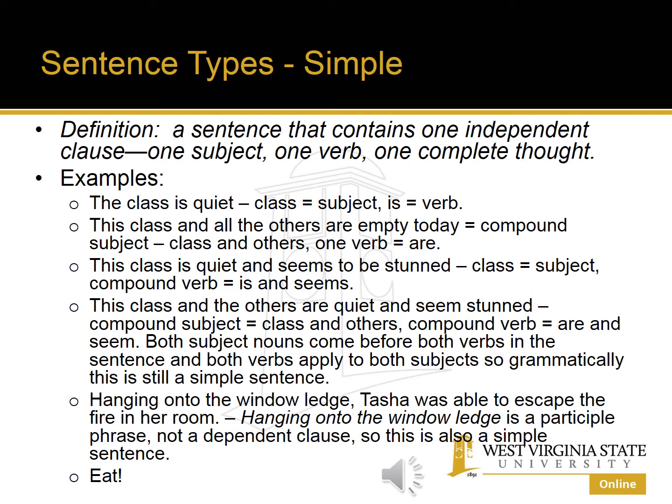It's grammatically a complete sentence because the subject is understood. It's ordering somebody to do something, and therefore the subject is explicit. It does not need to be stated. Eat is a complete thought. So this is a simple sentence.